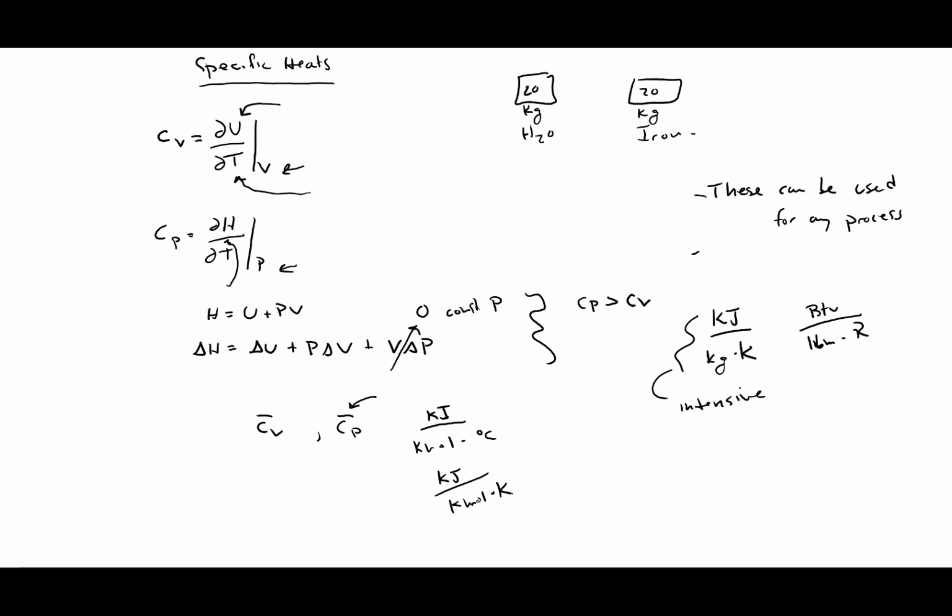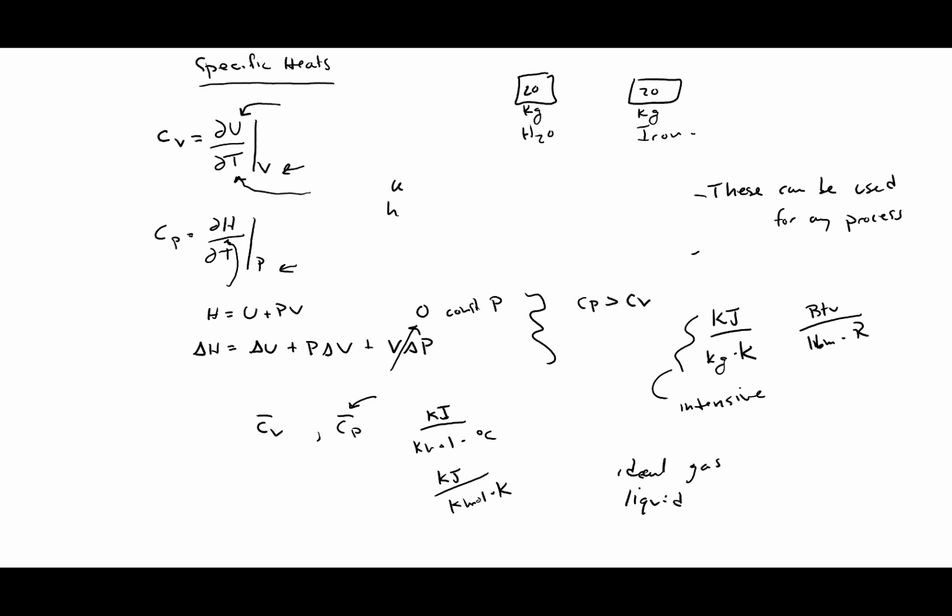So now the question is, when would we use a specific heat? We're going to use a specific heat if we have an ideal gas or a liquid. We've already seen that if you have water or, say, R134A refrigerant, you're going to want to get your internal energy or your enthalpy from the tables.